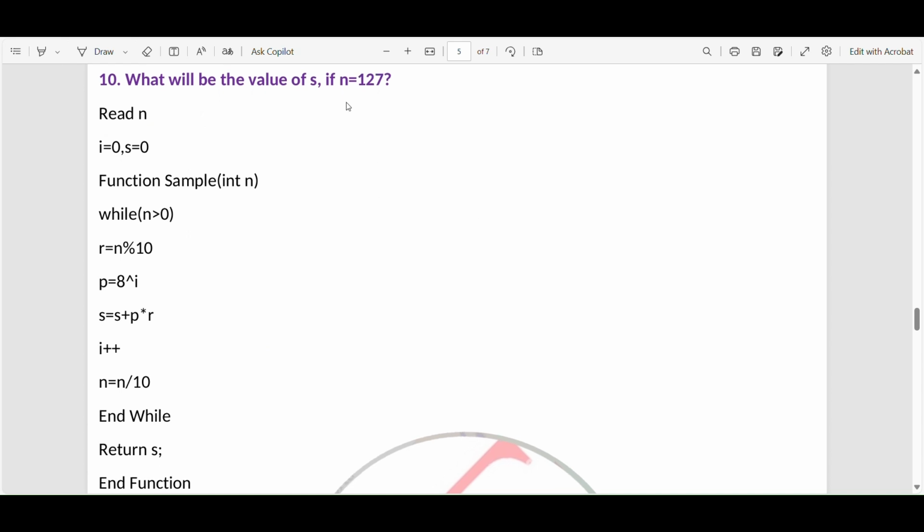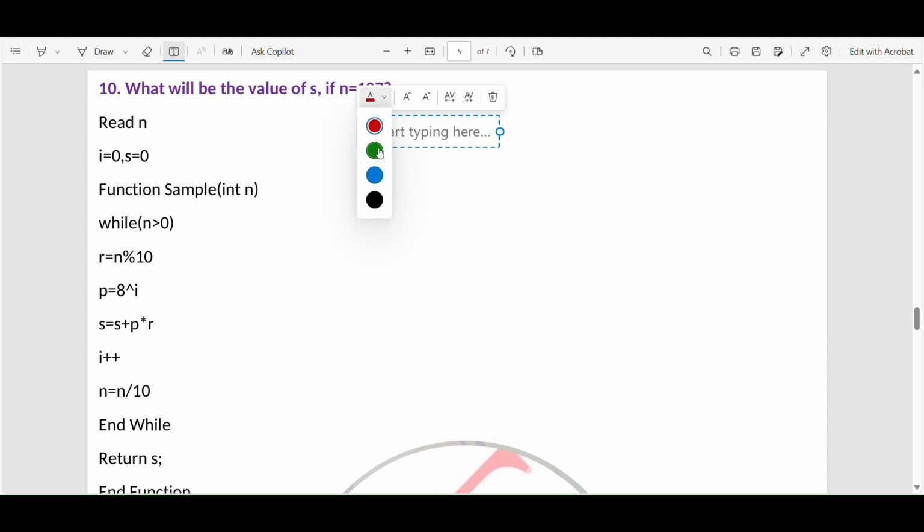So what will be the value of S if n is 127? The value of S you need to find out if the value of n is 127. So we are going to do that now. Yes, I'm changing the color to green now. And first you need to read the value of n. Yes, it is 127. And next we are having I equals to 0 and s equals to 0.